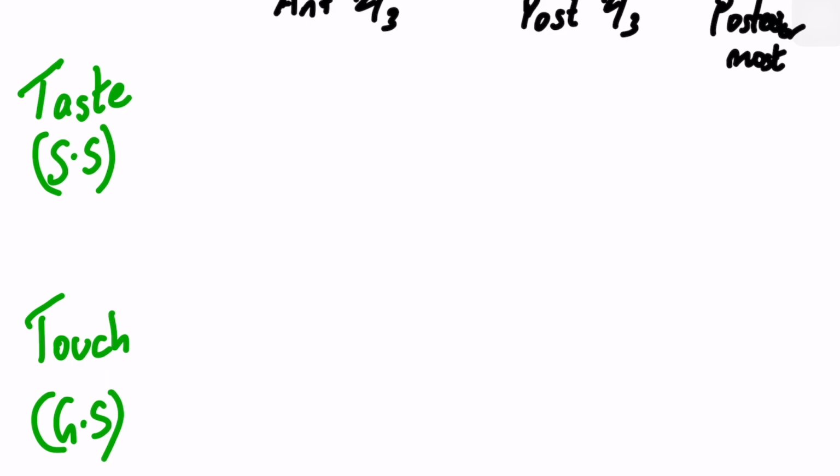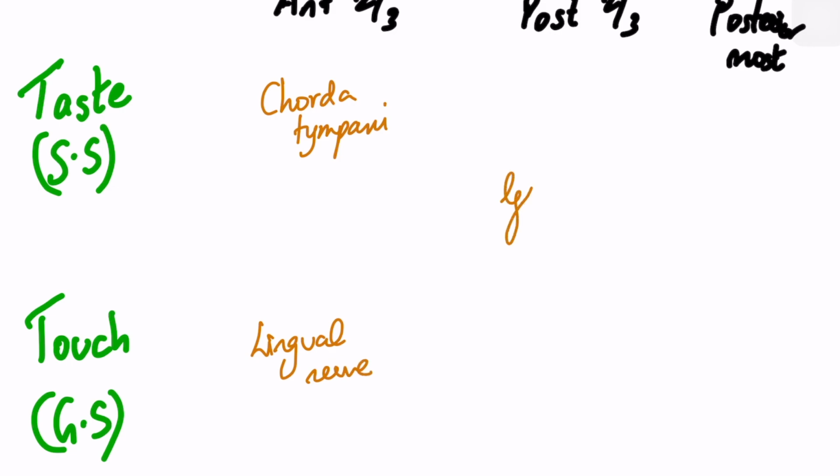So in the anterior two-third, taste is supplied by chorda tympani. Touch is supplied by lingual nerve. Posterior two-third is supplied by glossopharyngeal. Posterior most is supplied by vagus, 10th cranial nerve, internal laryngeal nerve.